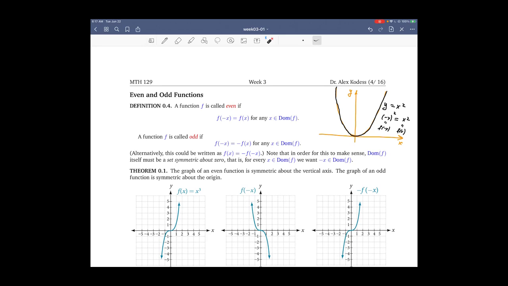Again, recall that f at negative x corresponds to a horizontal reflection, and placing a minus in front of the function corresponds to a vertical reflection. So the definition of an odd function simply says that a function is odd if and only if its graph stays the same after two transformations.